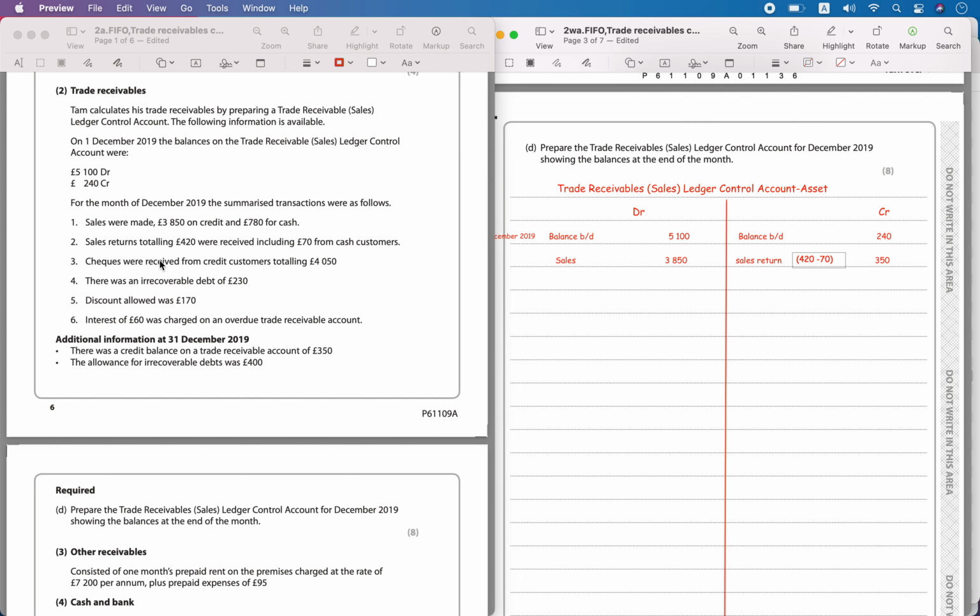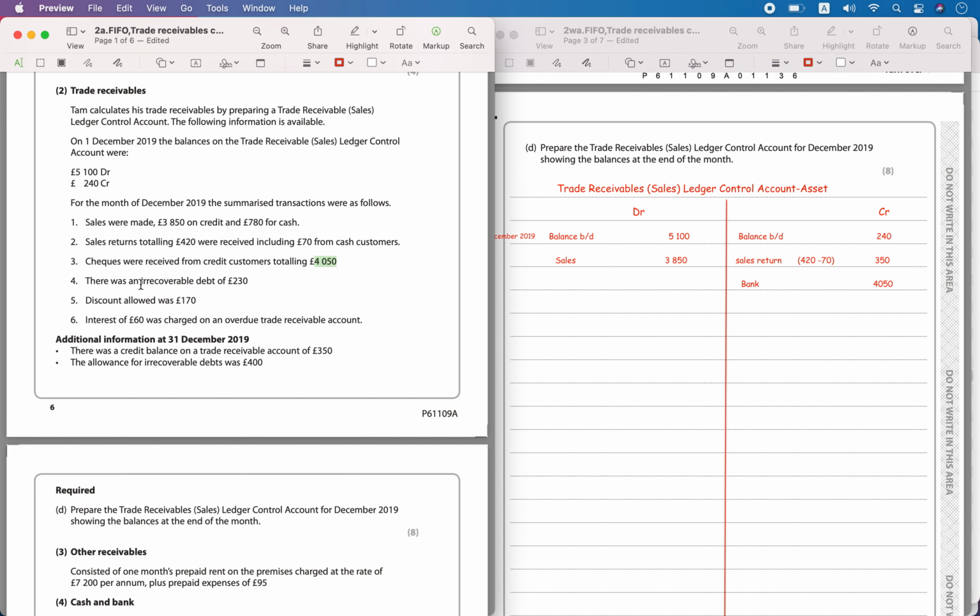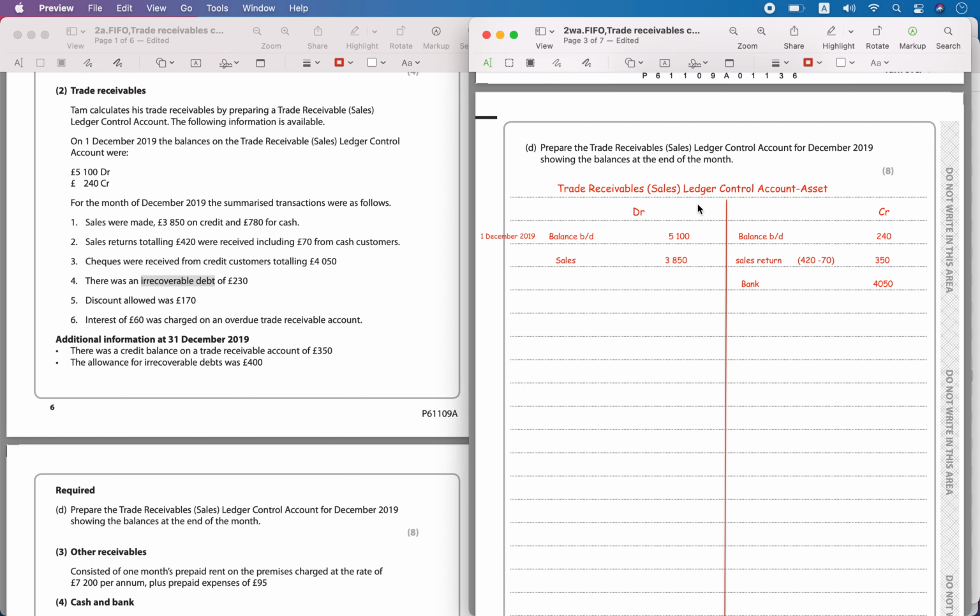Then we have the cheques that were received from the credit customers totaling 4,050 pounds. That's coming from the bank and it's going to appear on the credit side. So bank, 4,050 pounds. Then there was an irrecoverable debt of 230, so that's going to appear on the credit side.